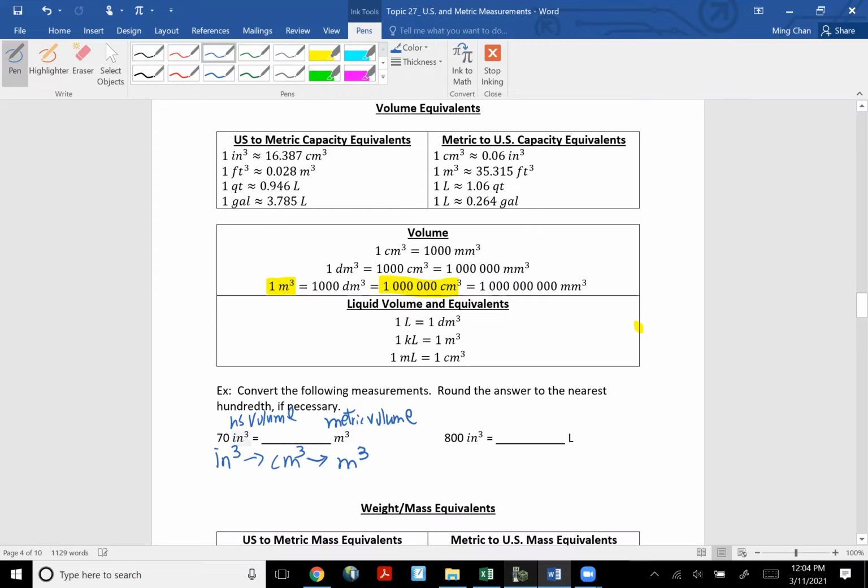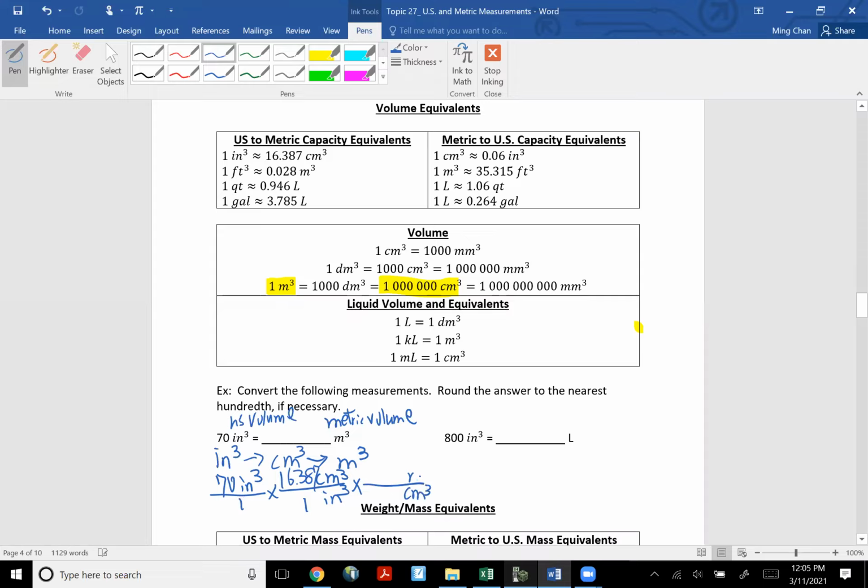Okay, so let's start out with our 70 cubic inch over 1 times another fraction. That can take me to cubic centimeters. All right, let's write my ratios. 1 cubic inch for 16.387. All right, times another fraction. I put my cubic centimeter down here.